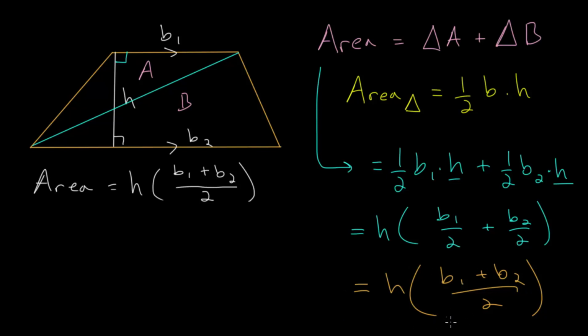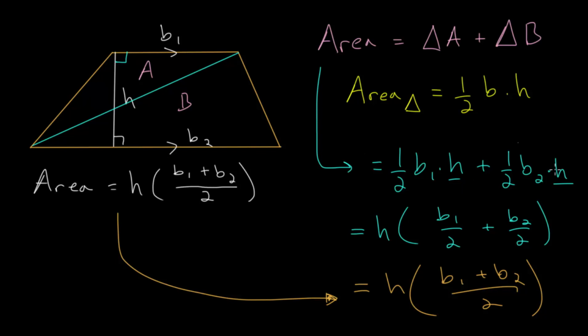It's the exact same formula, but it might be a little bit easier to derive it this way, since a lot of times breaking up these trapezoids into two different triangles is the simplest way to find their area if you don't know what the formula is. So remember that with this formula, we are taking the height and multiplying it by the average of the two bases.